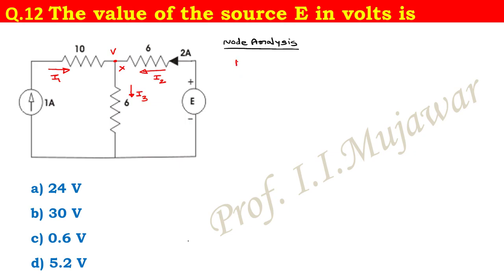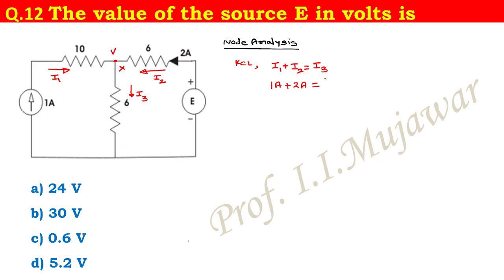So my KCL equation is nothing but the sum of incoming currents, that is I1 plus I2, is nothing but the outgoing current I3. Now I1 is 1 ampere, I2 is 2 ampere, whereas I3 is this current. So current is potential difference divided by resistance.